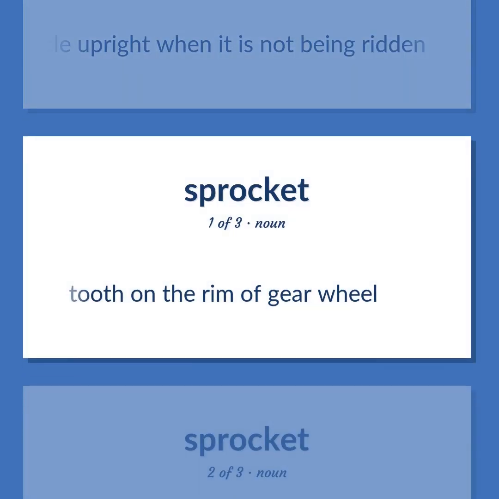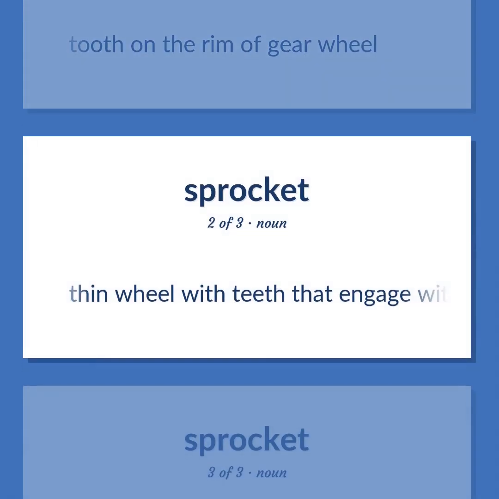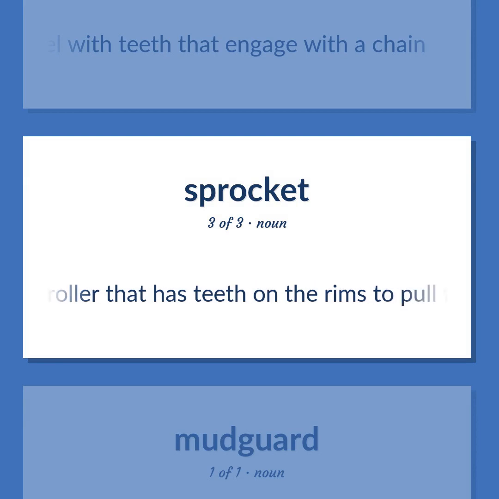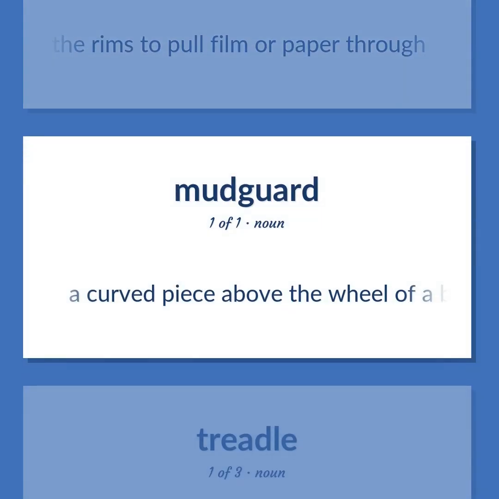Tooth on the rim of gear wheel. Roller that has teeth on the rims to pull film or paper through. A curved piece above the wheel of a bicycle or motorcycle to protect the rider from water or mud thrown up by the wheels.